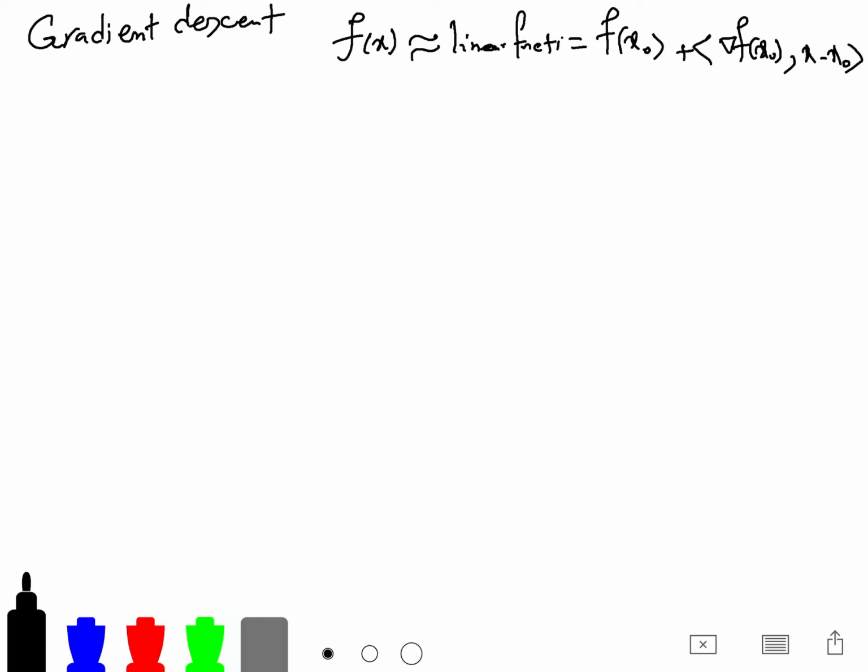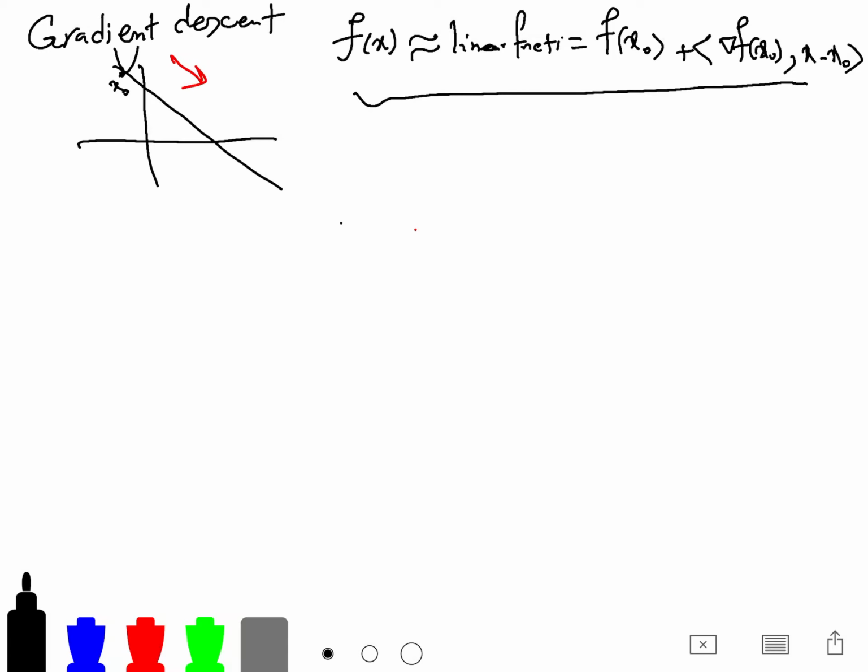You see, if f is a linear function like this, then you just go and roll down. So it's so easy. You understand how to minimize the function. But what if your function is nonlinear? At point x naught, you have a linear approximation of that.